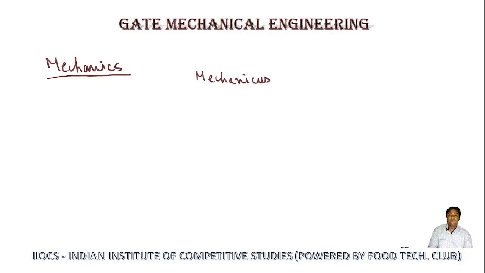So, what is the meaning of mechanicus? Mechanicus means a mechanic. So, you all know the job of a mechanic. A mechanic does some job on machine parts, and he actually repairs the machine parts also. Well, that is the origin of the word mechanics.